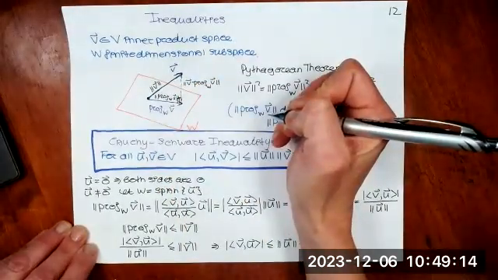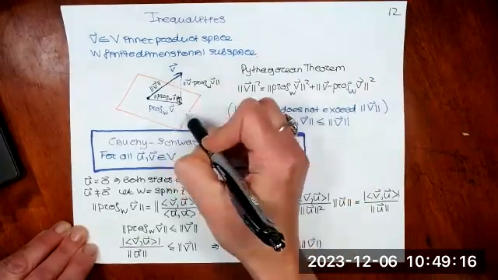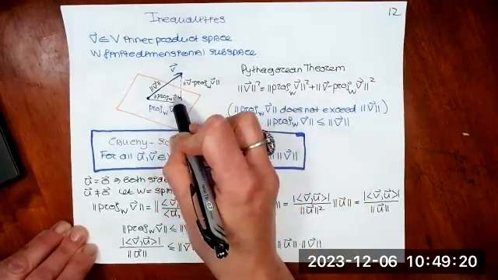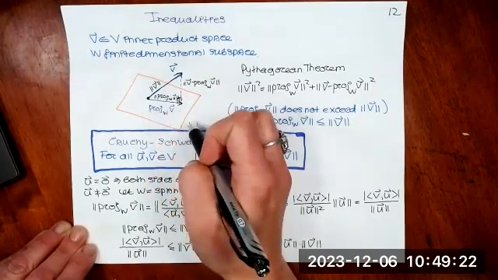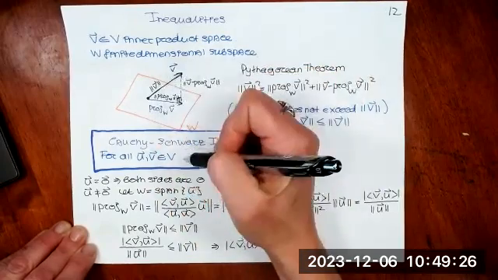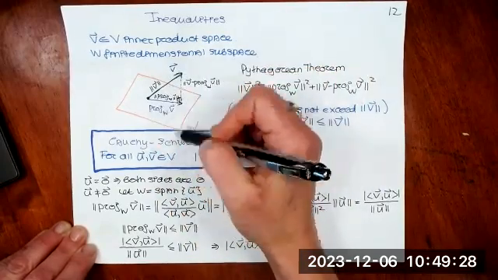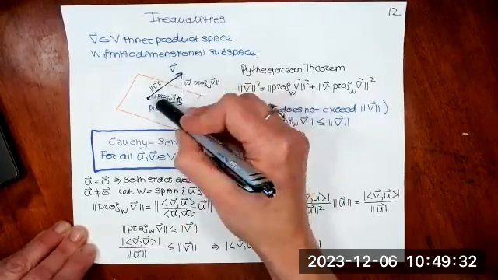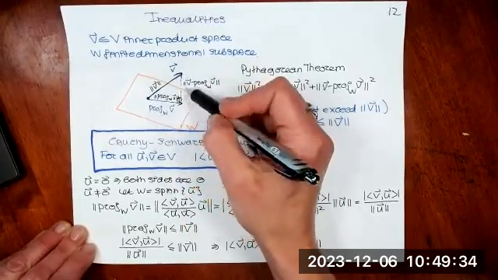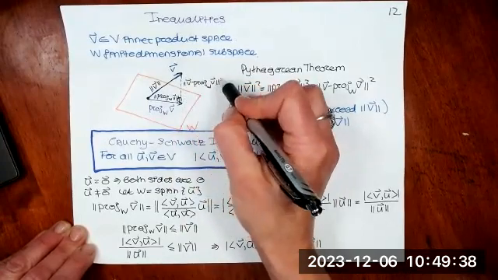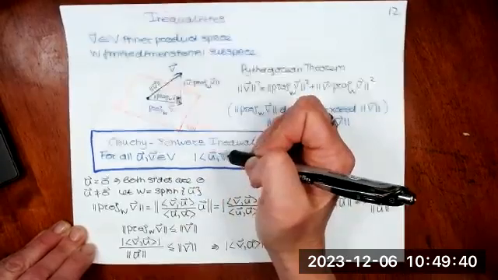Now, if I look at it as a triangle, the length of this side is the projection of V onto W, the length of this side is the norm of V, and the length of this side is V minus the projection. That's my orthogonal component. So I can write this as the length of V minus the projection of V onto W.